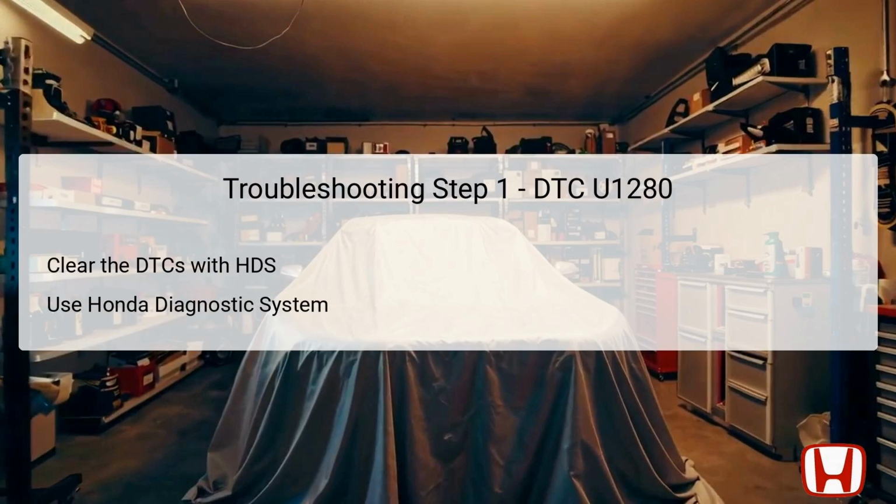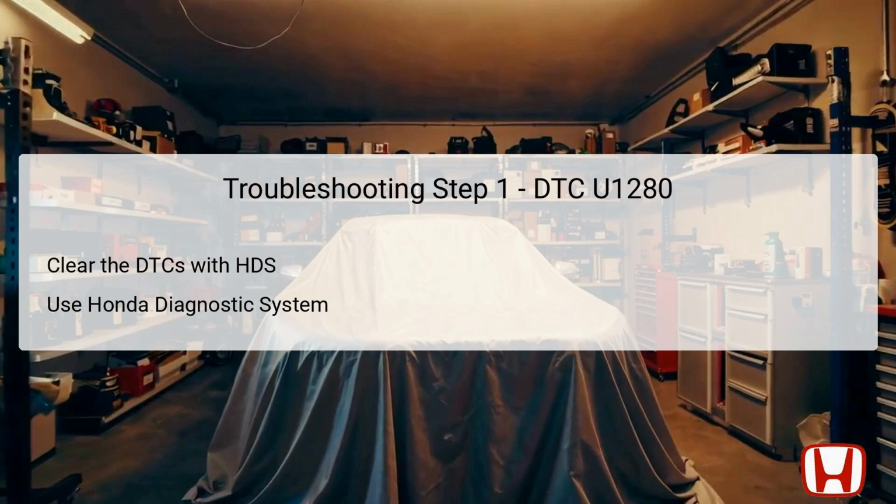The first step in troubleshooting DTC U1280 is to clear the diagnostic trouble codes using the Honda Diagnostic System, referred to as HDS. This system is a specialized diagnostic tool designed specifically for Honda and Acura vehicles, allowing technicians to read and clear DTCs.